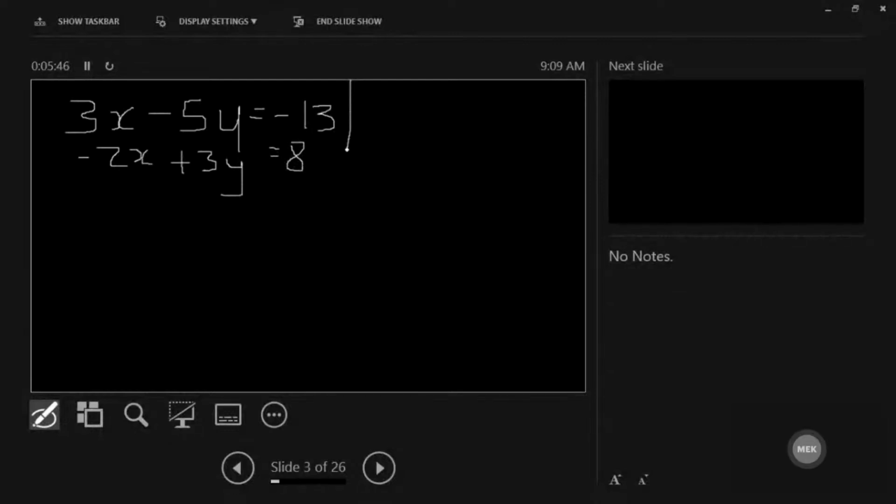All right, so that's the original two equations. So we'll first write it in the matrix form.